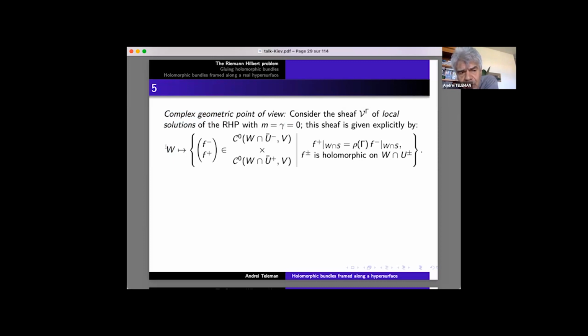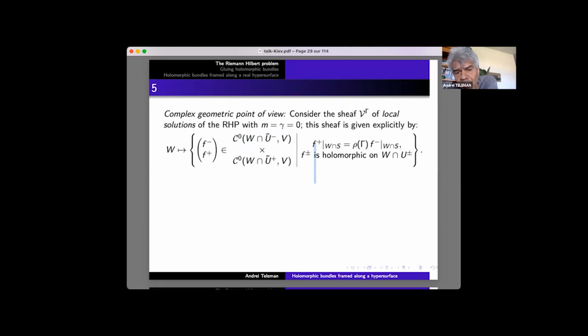So for an open set W in P1, I take the vector space of all pairs F minus, F plus of solutions of the Riemann Hilbert problem, but formulated on W, which means that F minus is on the intersection of W with U bar minus, continuous on this intersection, F plus the same with U bar plus, again continuous on this intersection.